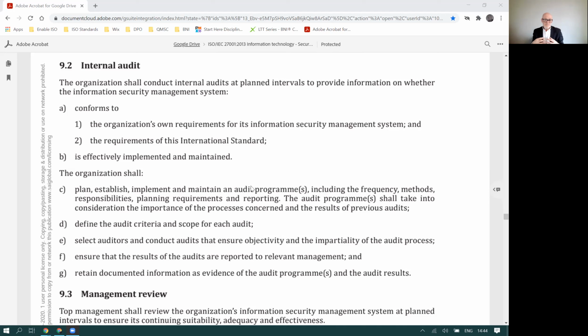An auditor's expectation will be that the frequency of your inspections will make sense for the type of operation you are, with the type of processes that you employ.